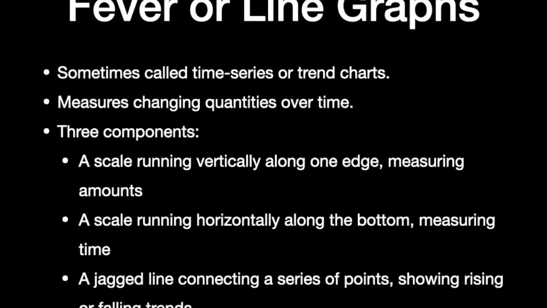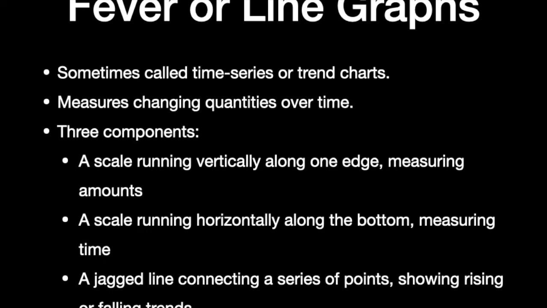Let's talk about fever graphs, also called line graphs, or sometimes trend charts. Most commonly, I think, known as line graphs. They measure changing quantities over time. Time is kind of the big component here that you want to remember about line graphs. That's why they're also called trend charts sometimes.